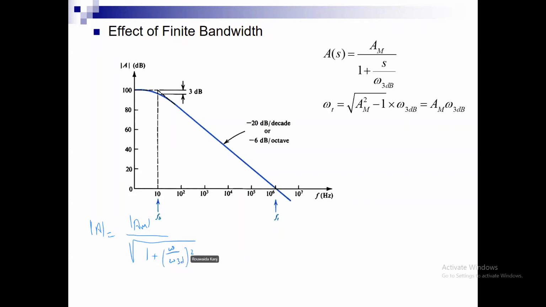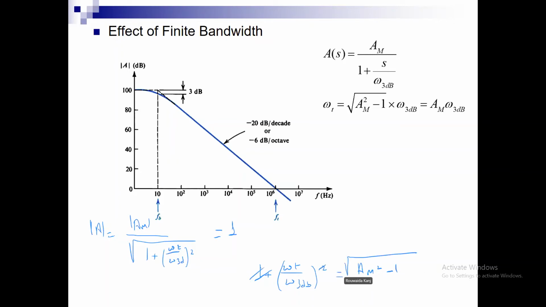Okay, and if I want to find omega t, I want to set this to be equal to 1. So I'm going to get rid of the square root and take this term up. So I will end up with 1 plus omega t over omega 3 dB all squared is equal to AM squared. Minus 1, then take the square root.